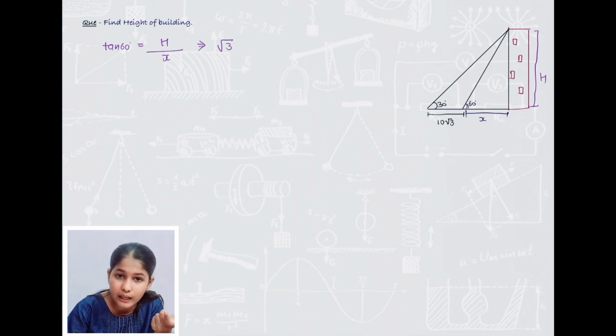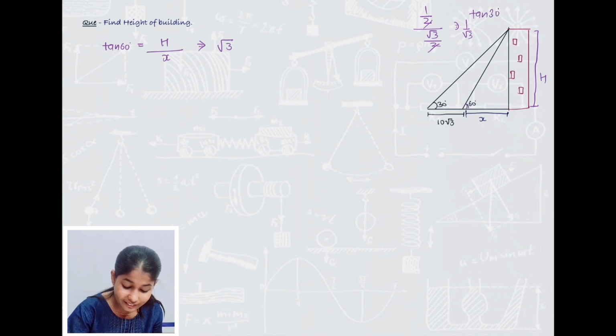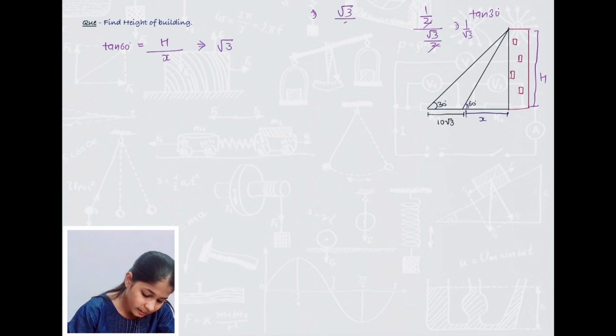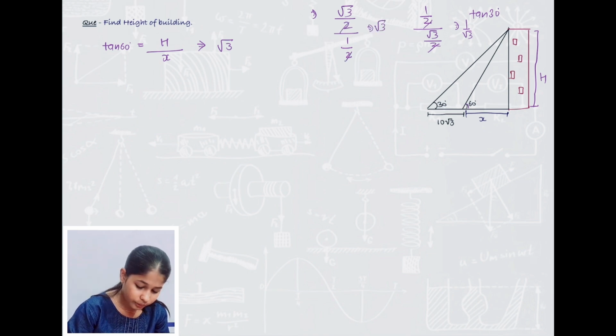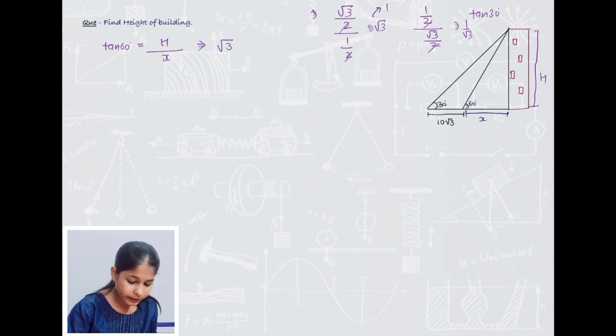Sine 60 degrees is under root 3 by 2, and cos 60 degrees is equal to 1 by 2. So 2 cancels, and we get under root 3. In this way you can solve it.